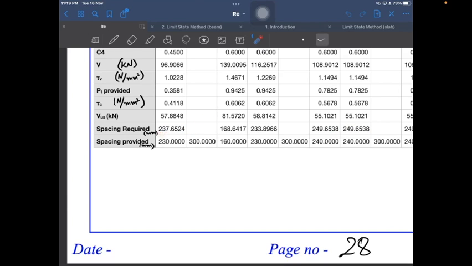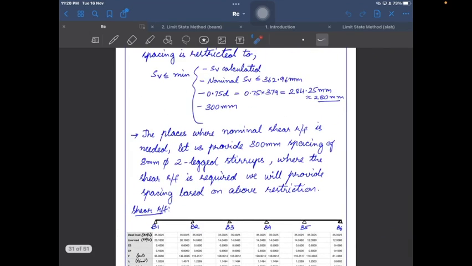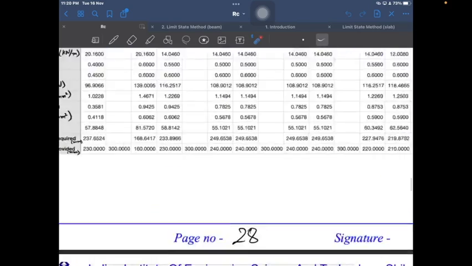From this spacing required, if it is 237, I give 230. If it is 168, I give 160. Here no spacing is needed. In the middle there is no shear force, so I'm giving 300, the nominal spacing, as I've written down here. Wherever it is needed, I'm giving according to the restriction.